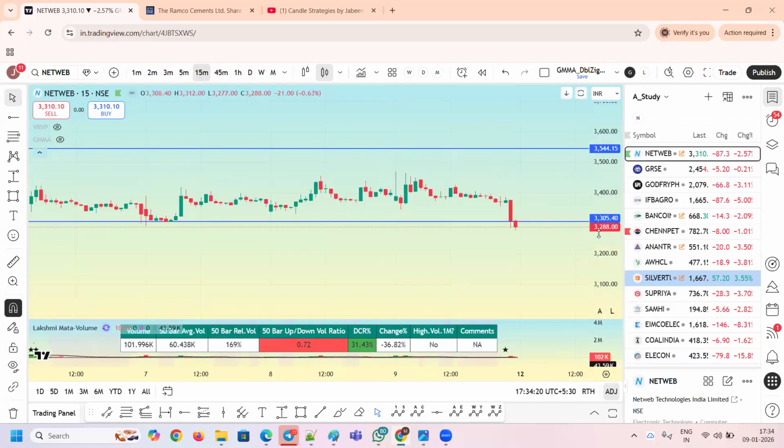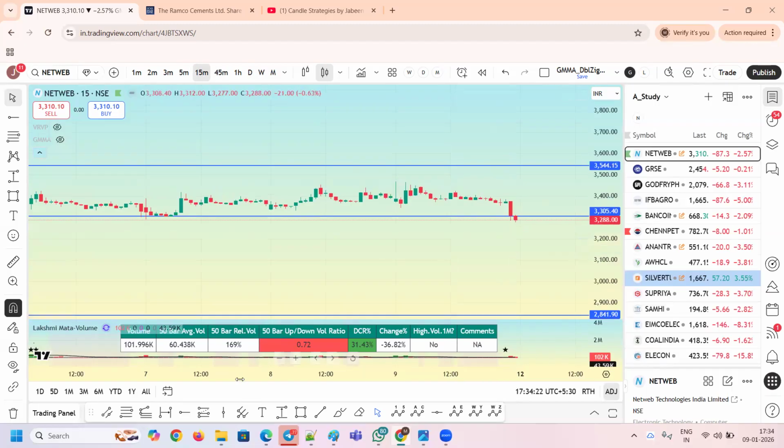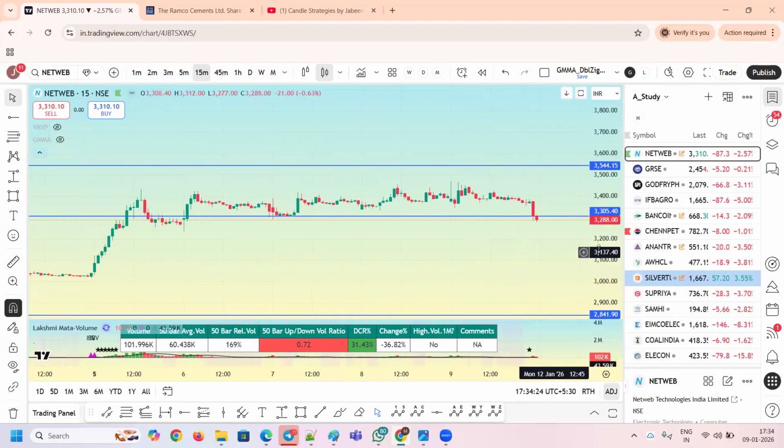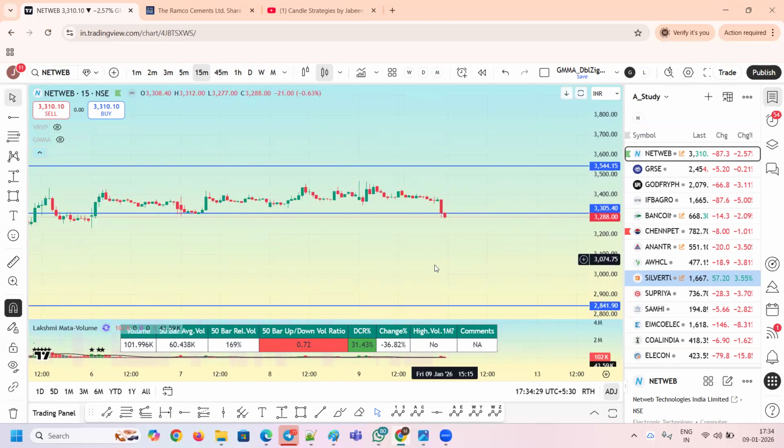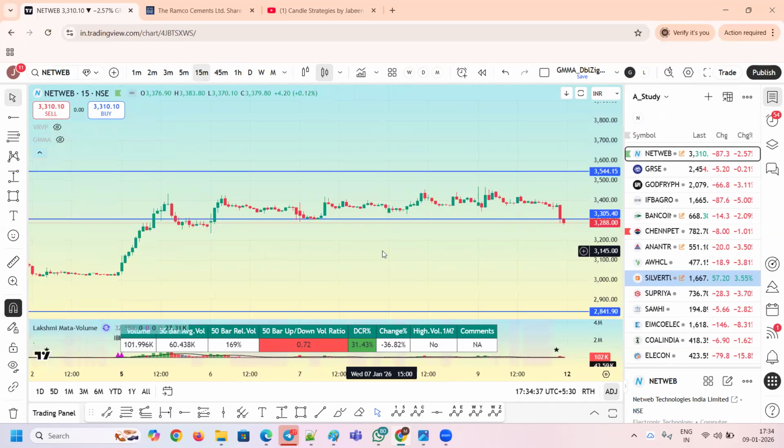Normally during daytime, we'll try to do only one candle. In during daytime, you will try trading only one candle itself and booking the profits? No, no. Based on the size of the candle. If you see this candle, it has crossed all these resistances.